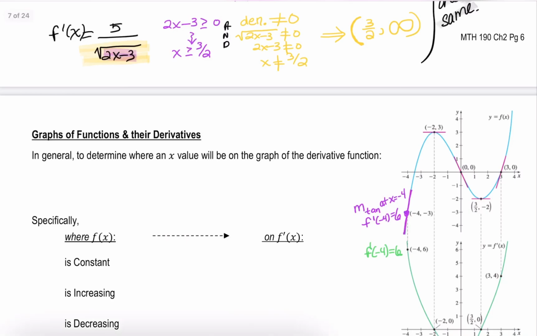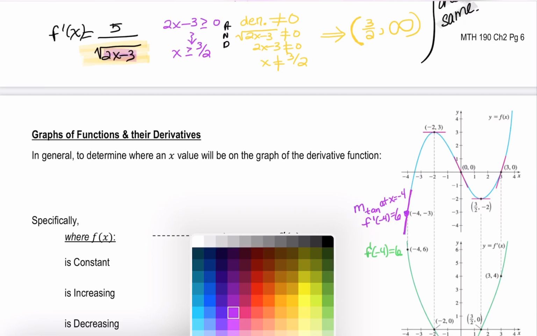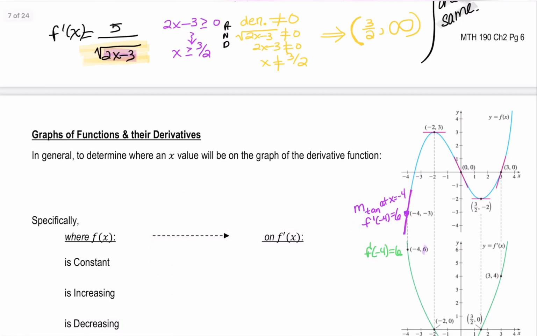So all of the outputs on the derivative function represent the slopes of the tangent lines on the original function. So this 4 corresponds to the slope over here at 3.